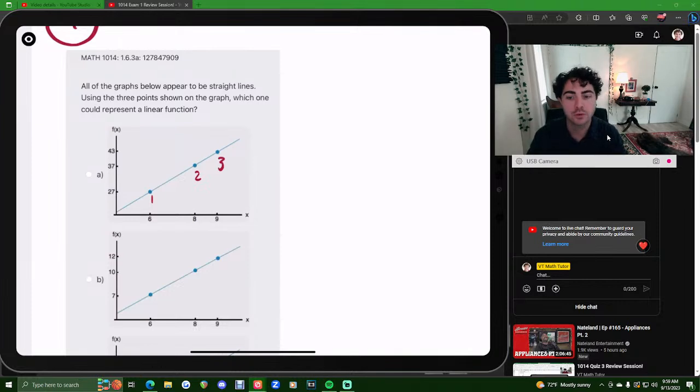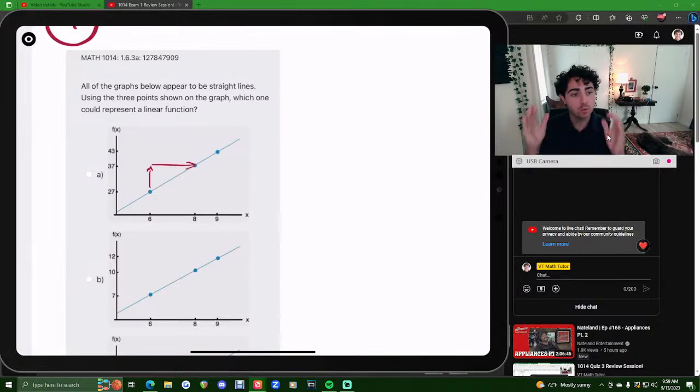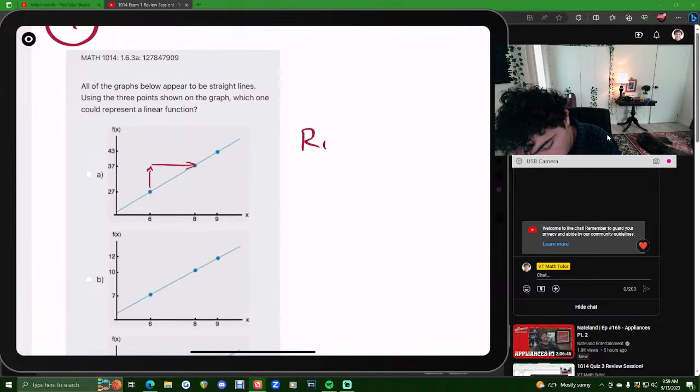A linear function, or a line on a graph, should have a constant slope or constant rate of change the entire time. So the way I go about this is just by analyzing the rise over run, instead of having to do a y2 minus y1 over x2 minus x1. If you want, you can do that. You can identify the ordered pairs for each point and find the slope using slope formula. But again, I prefer just rise over run.